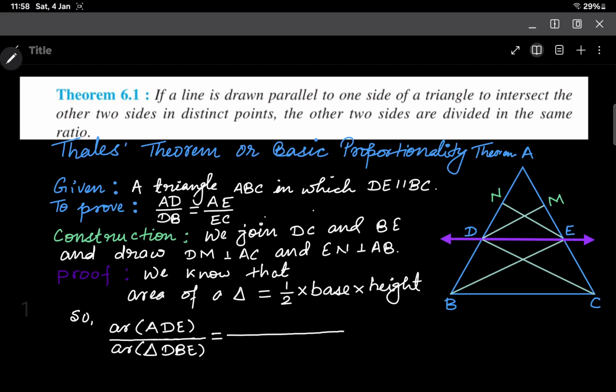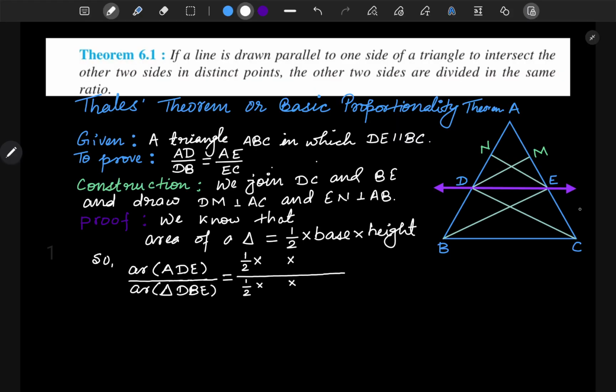So we use the area of triangle formula, which we have written above. So area of ADE will be, as I told you, we will choose the base and height carefully, right?